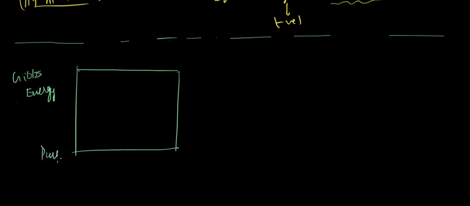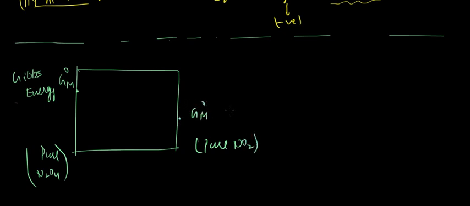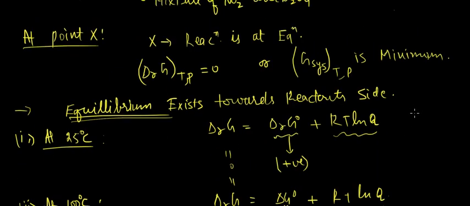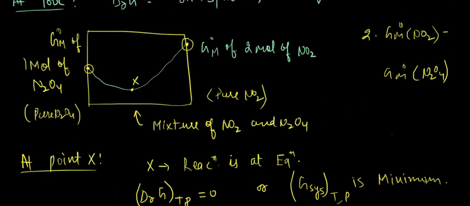So for pure N2O4, let's say we had Gm naught here, and for pure NO2, let's say we had Gm naught here for 2 moles. So before continuing that, let's first see more on this graph.